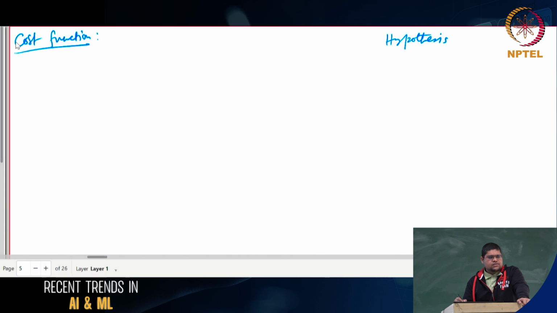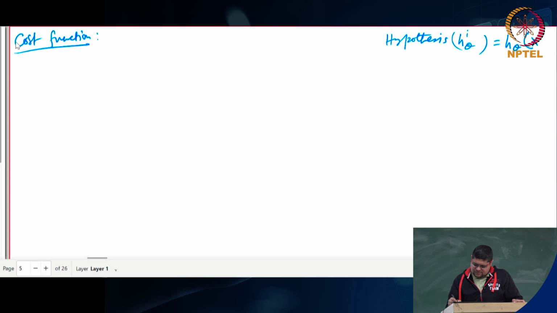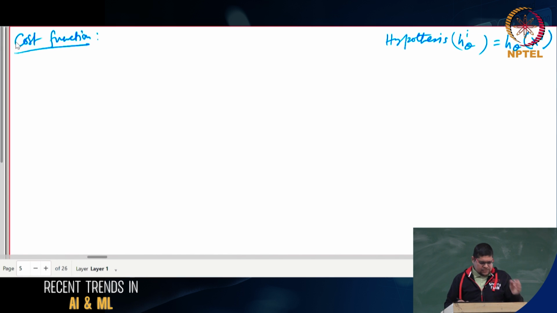This term you heard of in linear regression. We denote this using h theta of x i, or sometimes we also write h theta of x^(i). It is not x to the power i.